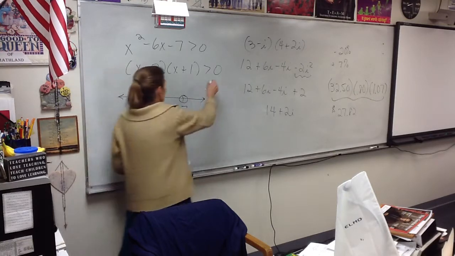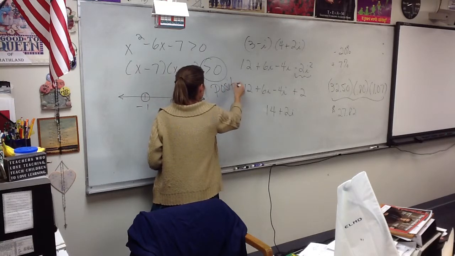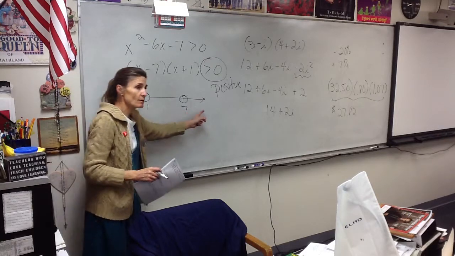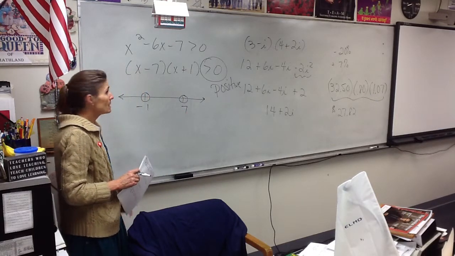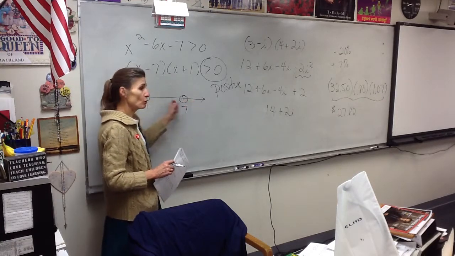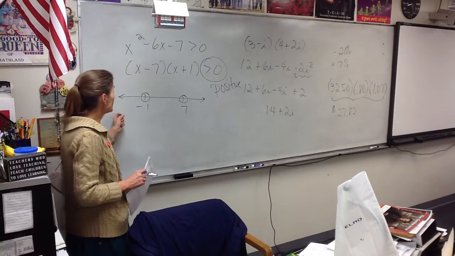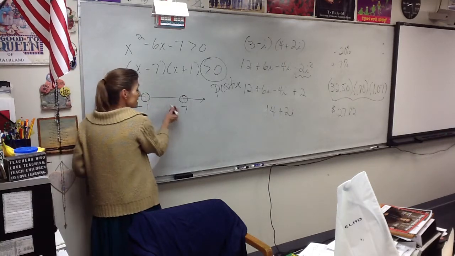Now, what does greater than 0 mean? Positive. So I want to pick numbers here that are going to make this thing positive. Now, can I do my alternating thing? Yes. So that might save me some time. So what number do you want to pick? 0. Great choice. 0 is in here.